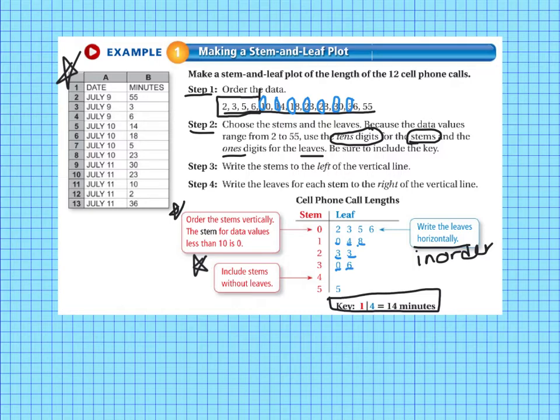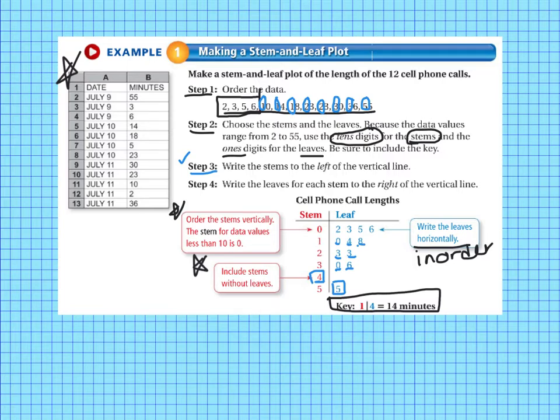So the 30 part of that is to the left, and then we write the ones places to the right as the leaf. We have no numbers beginning with 4, but we still include that on our left-hand side. We still include the stem. And then we have one number that starts with a 5, and it also ends with a 5, so we put that in there. So that was step 3. That was our hardest step.